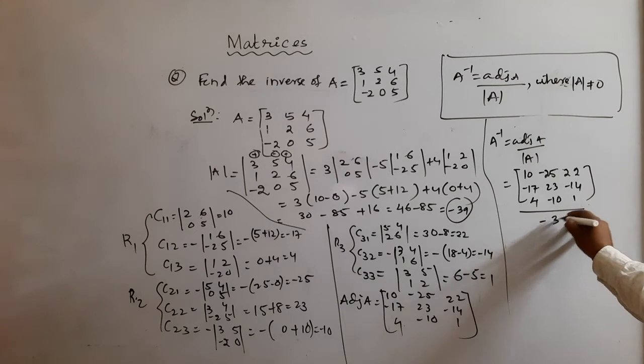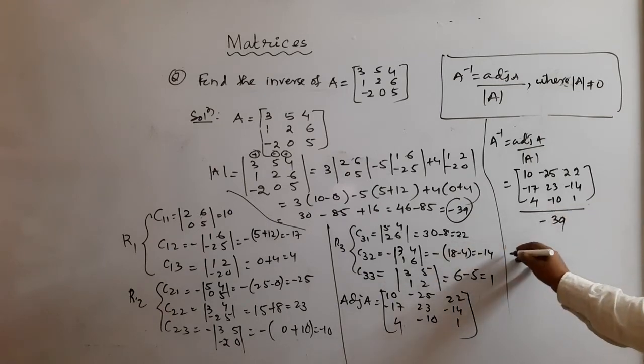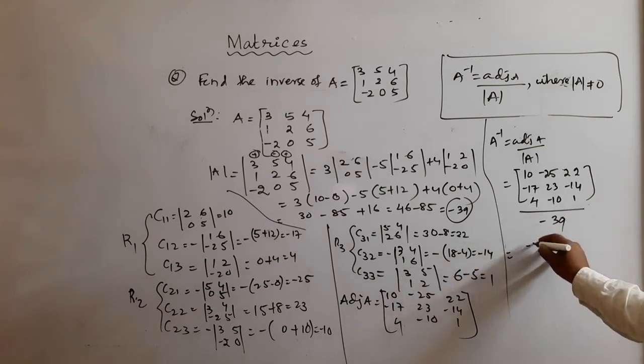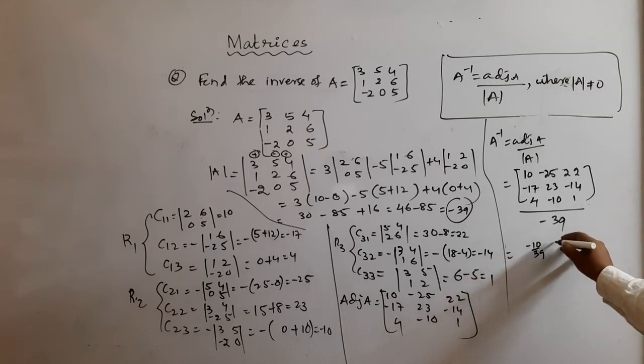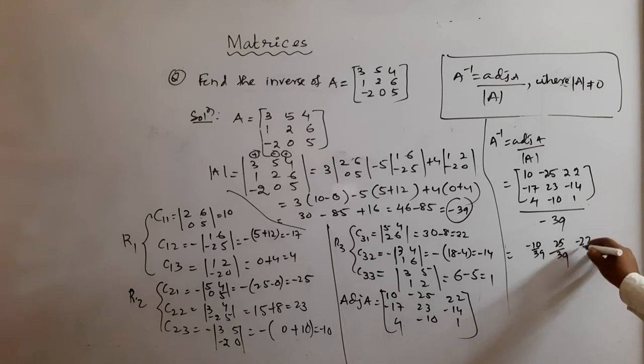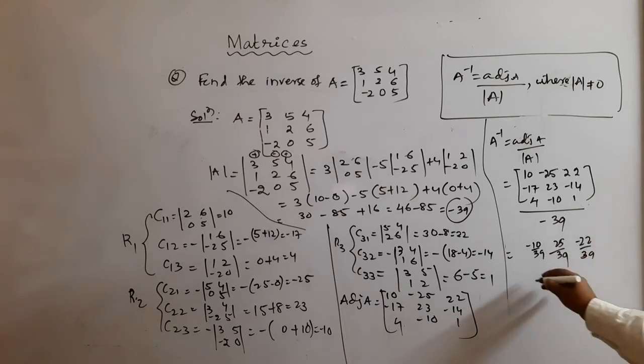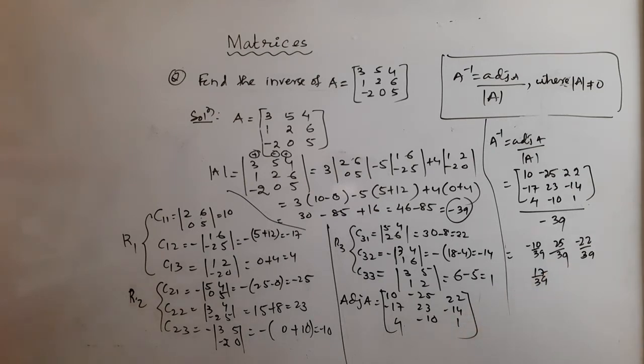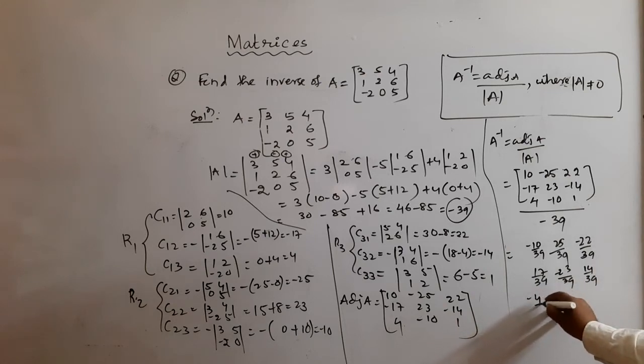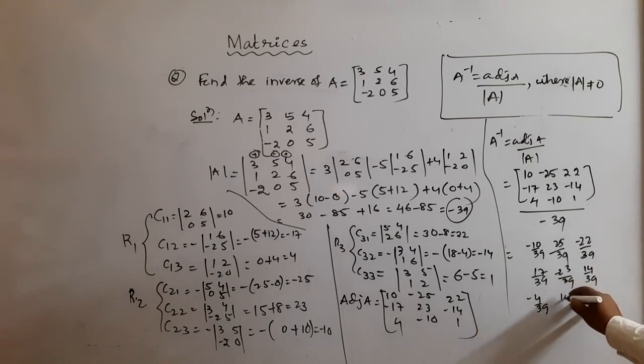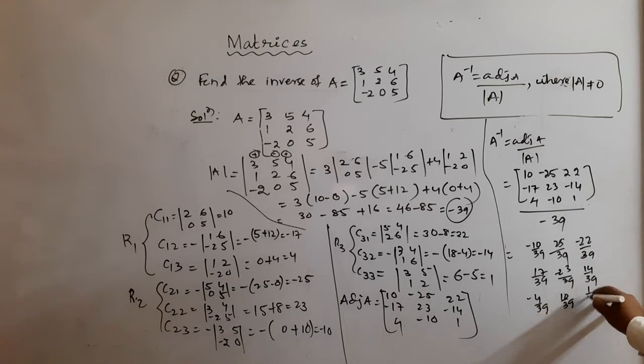Determinant A is minus 39, so divide by minus 39. So we get minus 10 by 39, 25 by 39, minus 22 by 39; 17 by 39, minus 23 by 39, 14 by 39; minus 4 by 39, 10 by 39, 1 by 39.